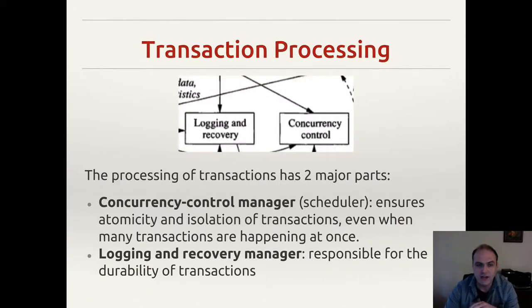Now, the transaction manager uses these 2 mechanisms to accomplish this: the logging and recovery piece and the concurrency control. So we talked about the concurrency control before when we talked about isolation, right? This is our scheduler, and it ensures the atomicity and isolation of transactions.